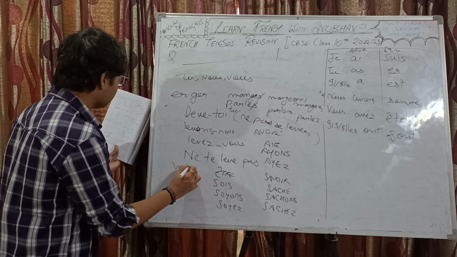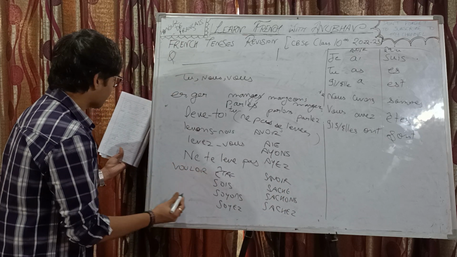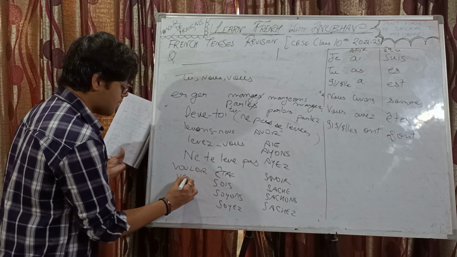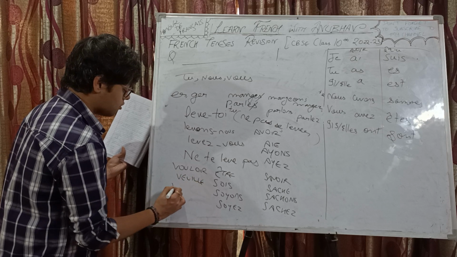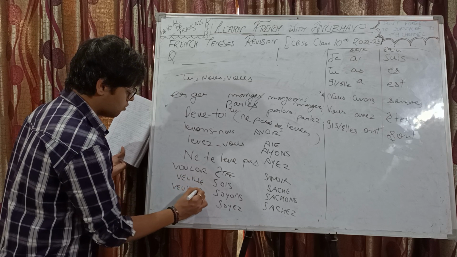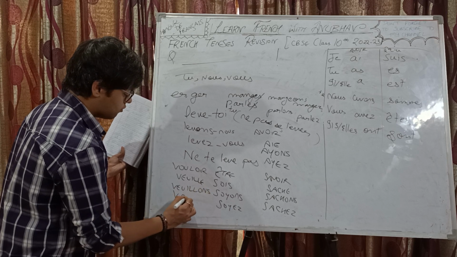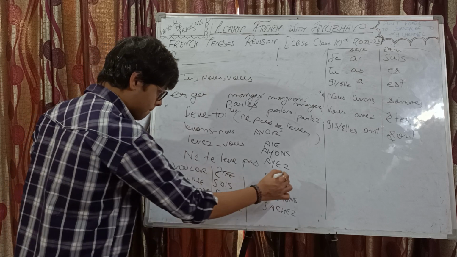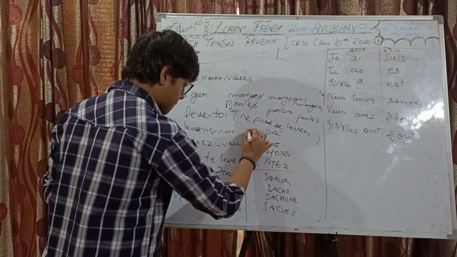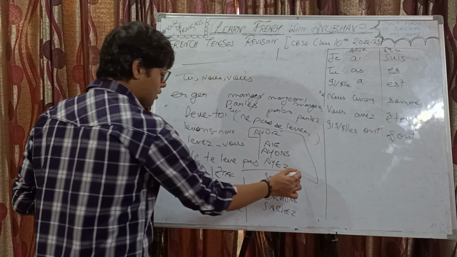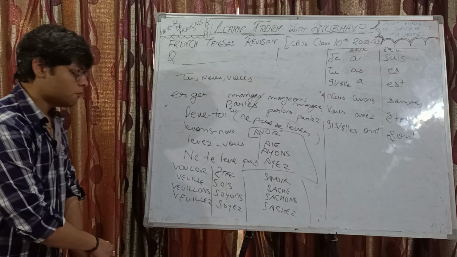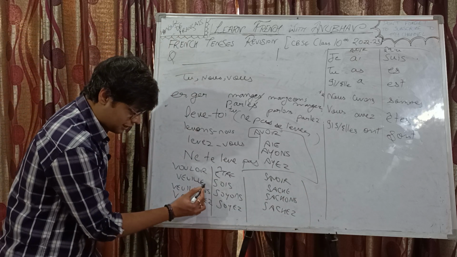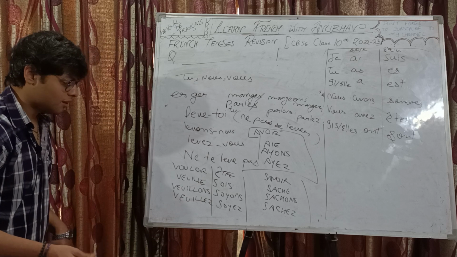For vouloir, it is veuille, veuillons, veuillez. Those are your exceptions with imperative, so you must prepare these exceptions really well.